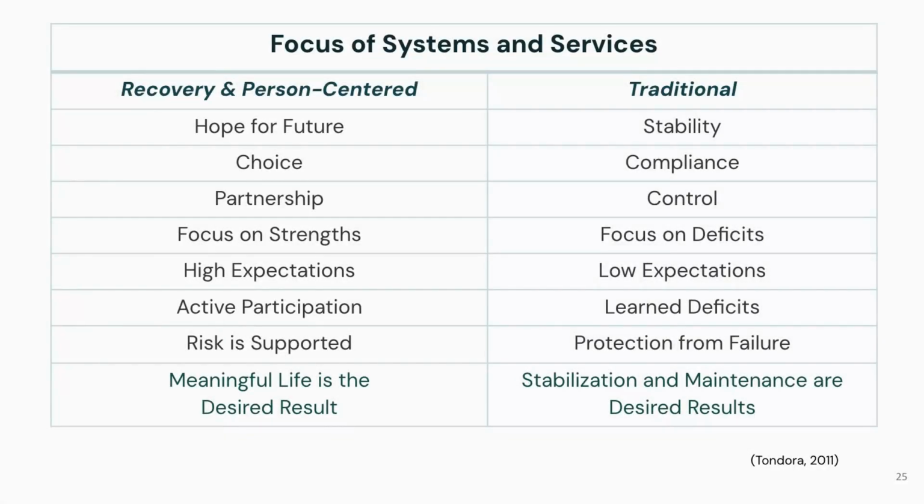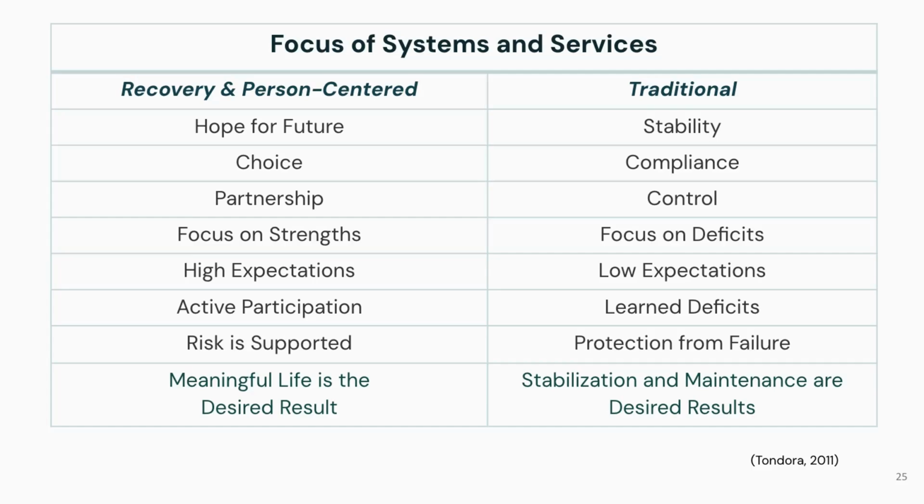The specific impact of recovery on mental health services is outlined in this chart, which helps us see that services that drive toward a person living a meaningful life are quite different from the stabilization and maintenance goals of our traditional mental health system. PCRP reflects the difference in emphases too, which you'll continue to see.